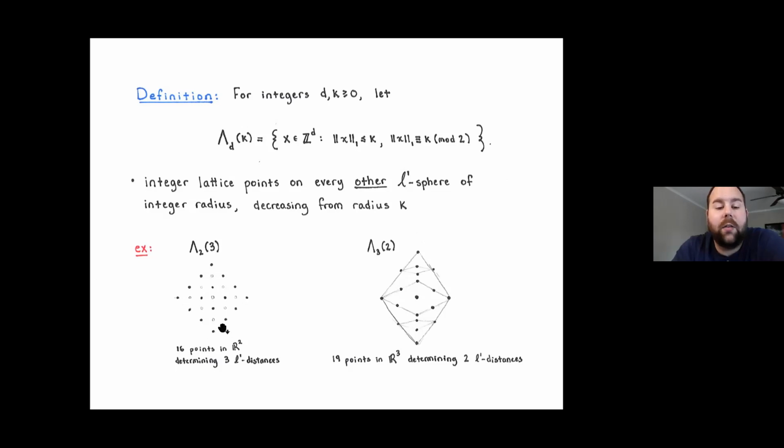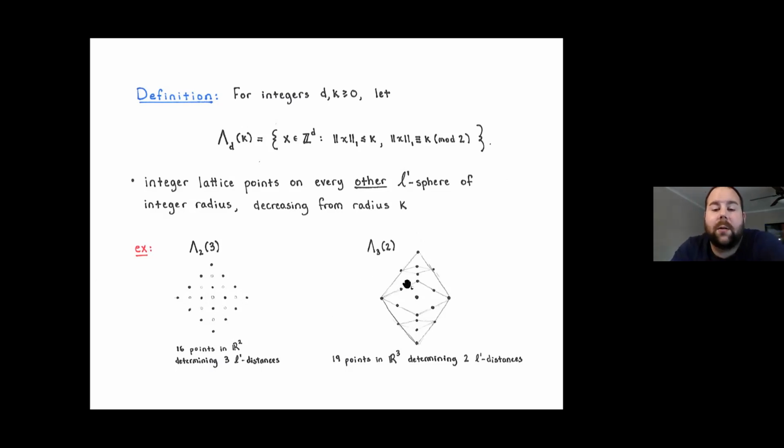So you take all these points along the outside, the integer lattice points of L1 norm 3. These open circles are the ones I'm not taking. Those are the points with L1 norm 2. I am taking the points with L1 norm 1. I'm not taking the origin. And notice what comes out is this 4x4 rotated square, just like we talked about on the previous slide. So that's 16 points in R2, determining 3 L1 distances.